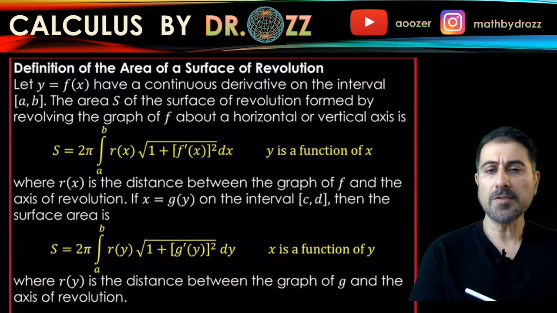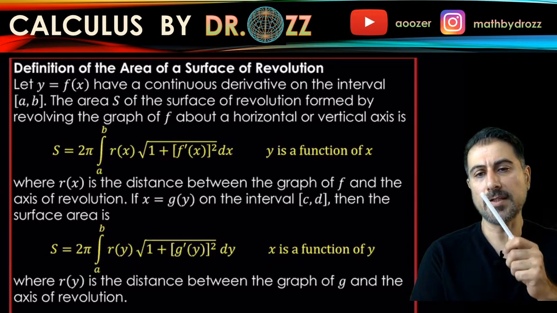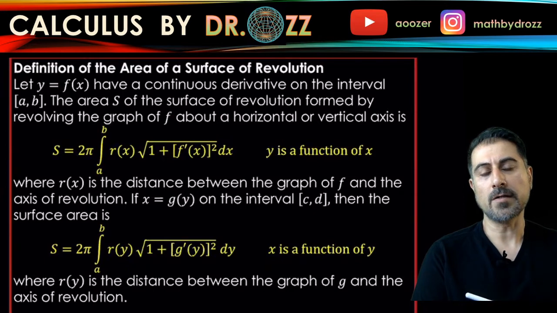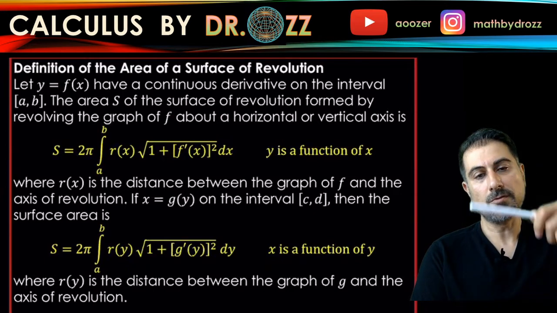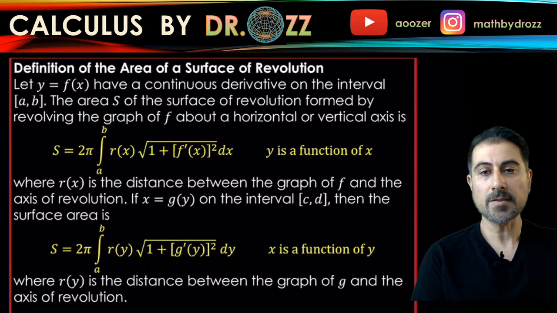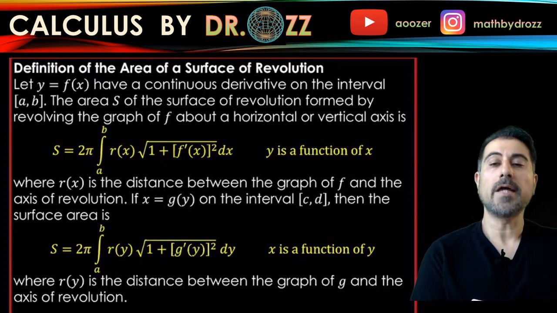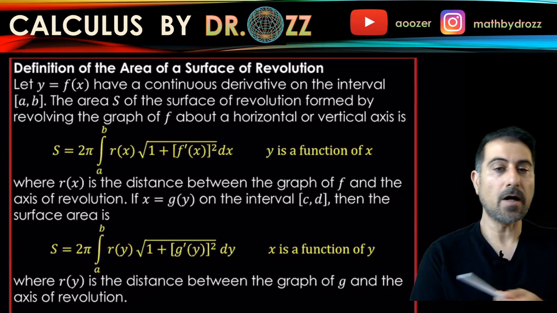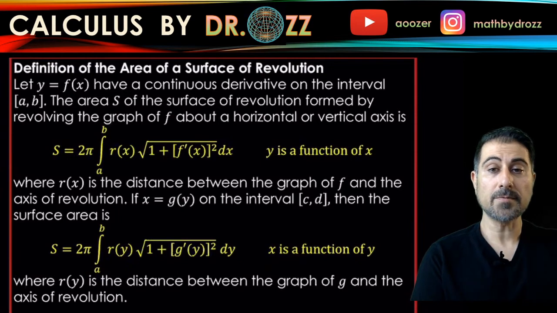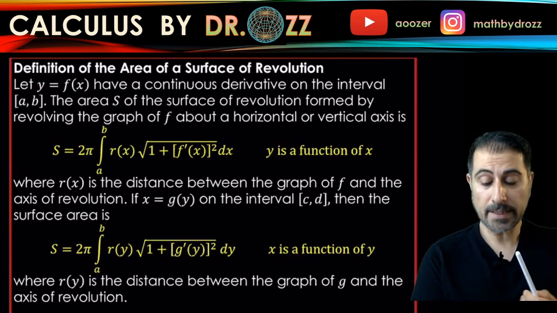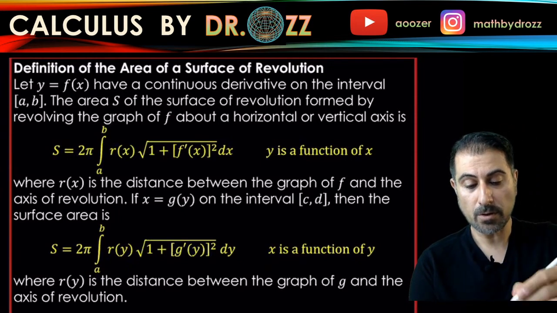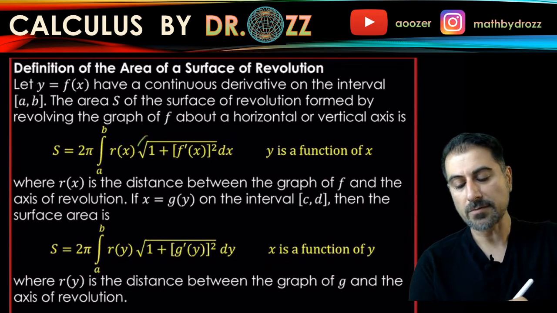All we do here is take a piece of the curve and revolve it around, and we get a frustum. We look at the area of the frustum, which is 2 pi r, the circumference, times the arc length. If you recall the arc length formula, this part is the arc length, and this is the circumference of the frustum.